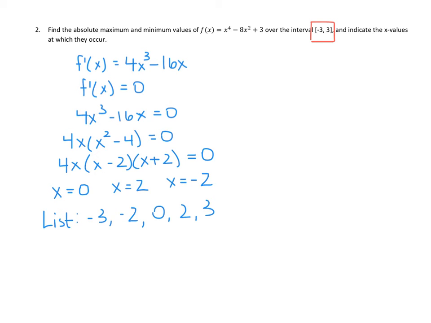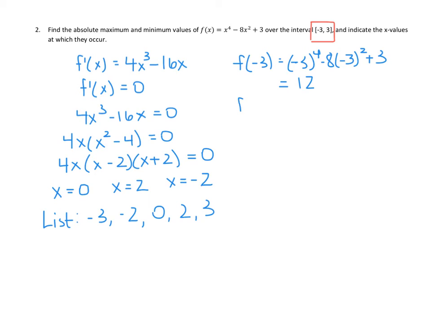So now our next step is to take these 5 values in our list and plug them into our original function. We begin by taking f of -3. When we plug -3 into our function, we have -3 to the fourth minus 8 times -3 squared plus 3. When we simplify that, we get 12.